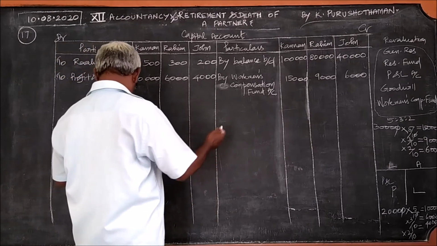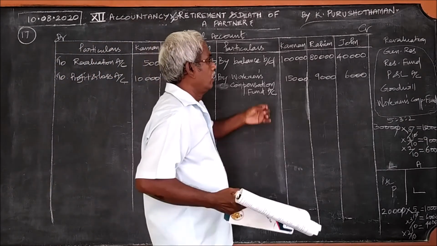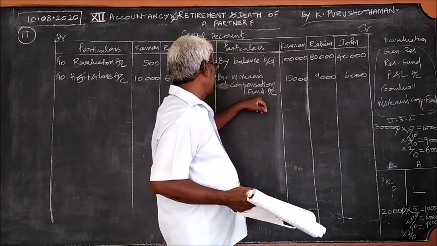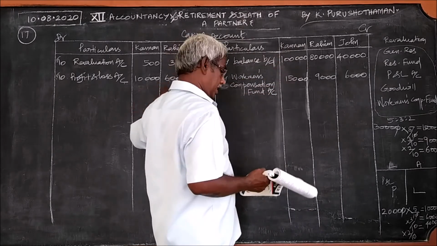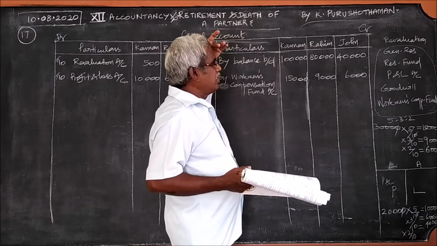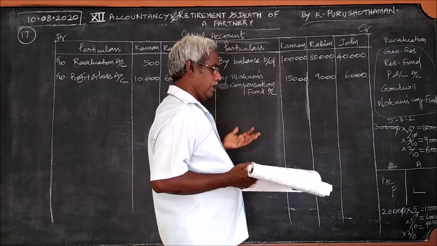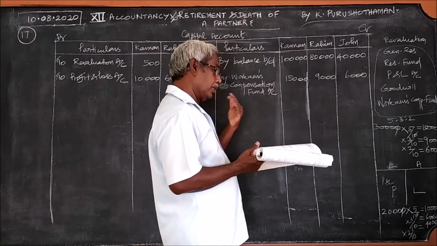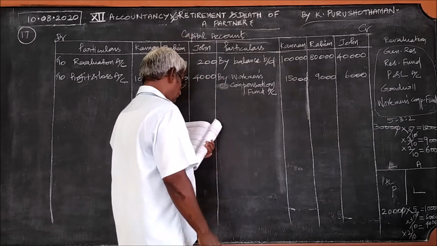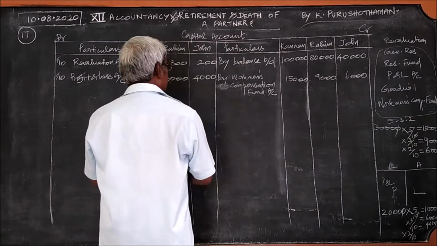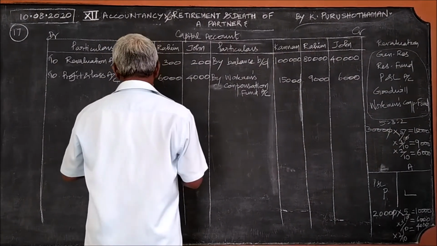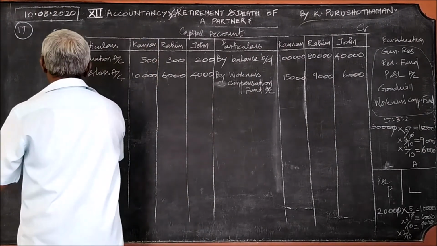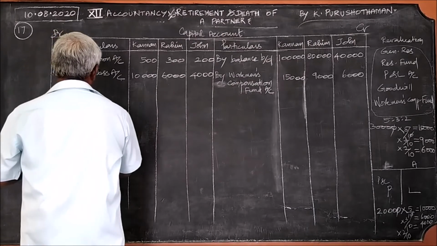Out of those items, we have found only these two, the workman's compensation fund and the profit and loss. Other items, reserve fund, general reserve, goodwill, are not appearing in this problem. So, we have attended to all. Now we can close it.